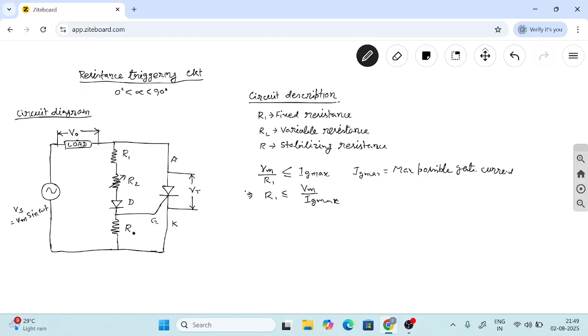And R2 value and resistance R should be such that the gate voltage should not exceed the maximum possible gate voltage of SCR.